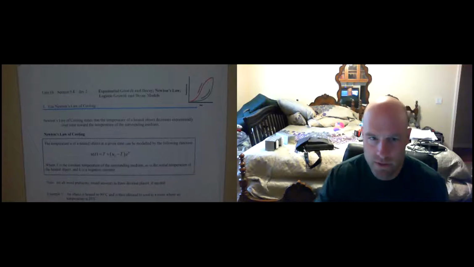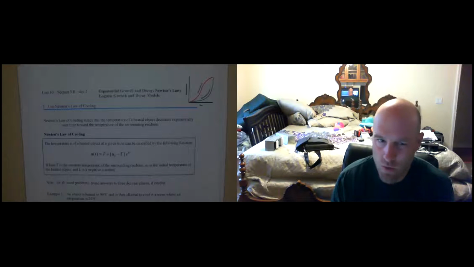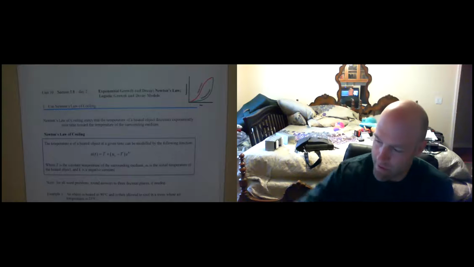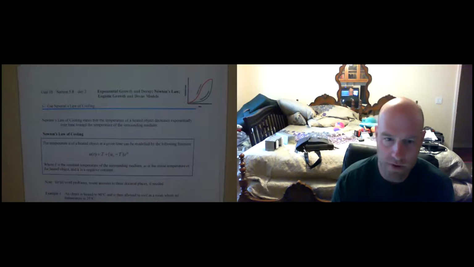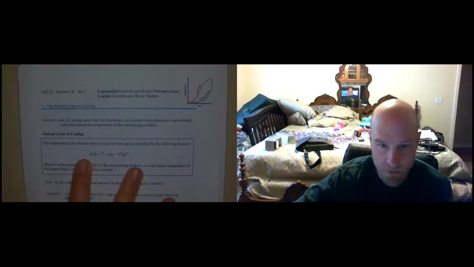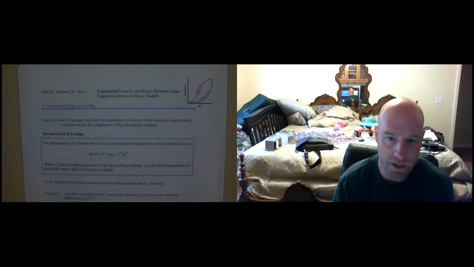Okay, I'm going to switch over one of my cameras to today, which is 5.8, day 2. We are doing logistic growth and decay. It is simply an example of where you might see exponential or logarithmic equations. Here is a neat formula, Newton's law of cooling, which you do not have to have memorized.